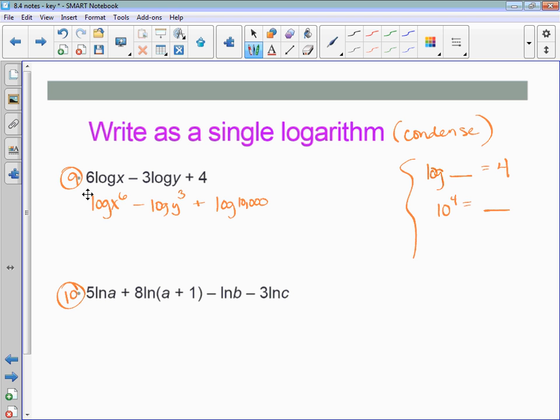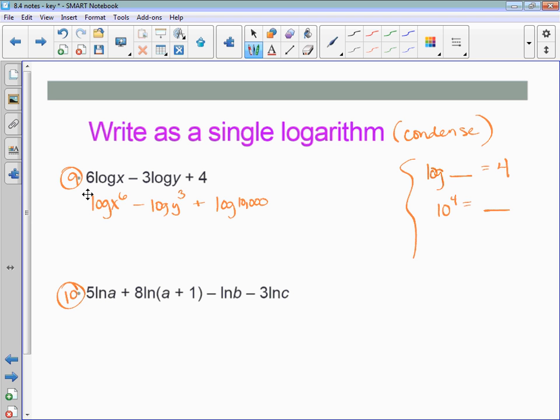All right, guys, so we still need to continue condensing. So I've got a log, then I have a minus, then I have a plus. What does a minus mean? Divide. What does a plus mean? Multiply. So these are easy.